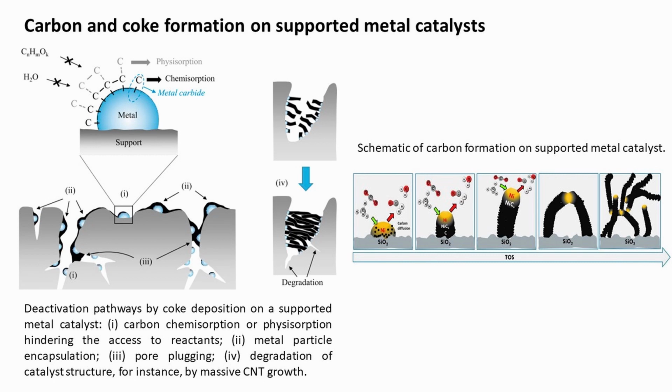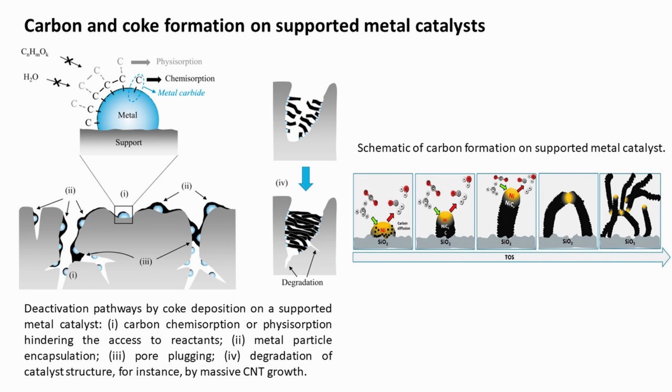Carbon may chemisorb strongly as a monolayer or physically adsorb in multilayers, and in either case block access of reactants to metal surface sites, totally encapsulate a metal particle so that it is completely deactivated, and plug micro and mesopores such that access of reactants is denied to many crystallites inside the pore.